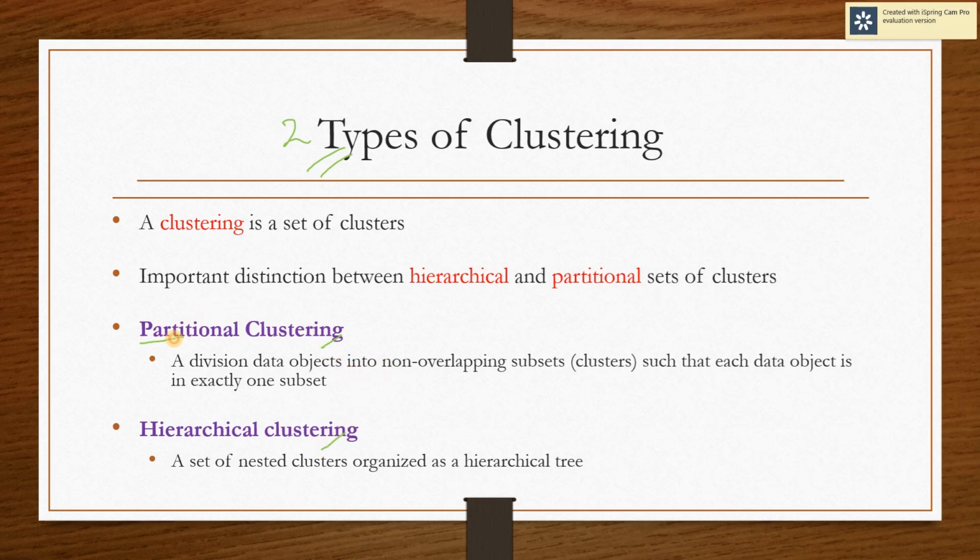Partitional clustering is a division of data objects into non-overlapping subsets, meaning that your clusters cannot overlap, and each data object belongs to exactly one subset. However, hierarchical clustering is a set of nested clusters organized as a hierarchical tree.